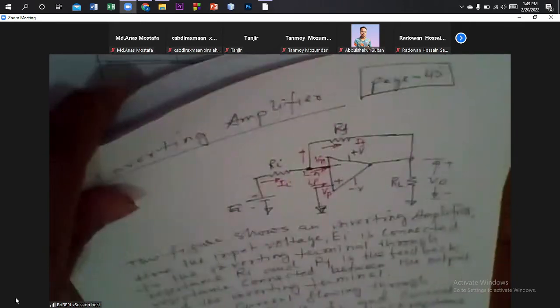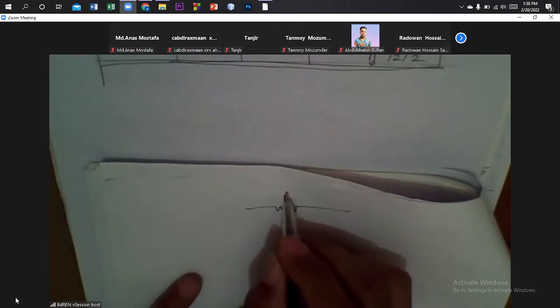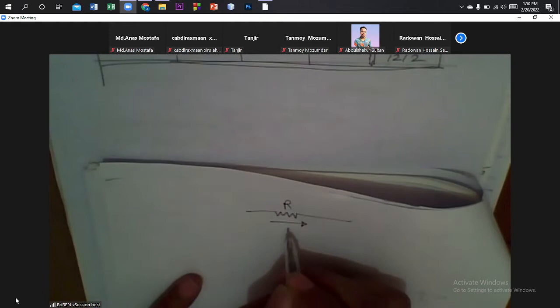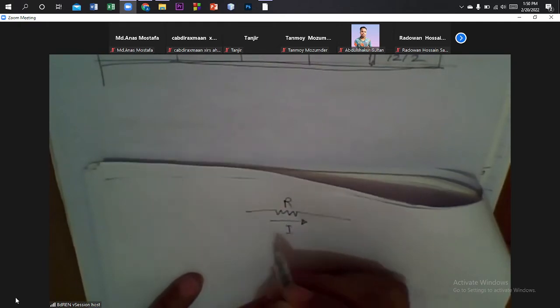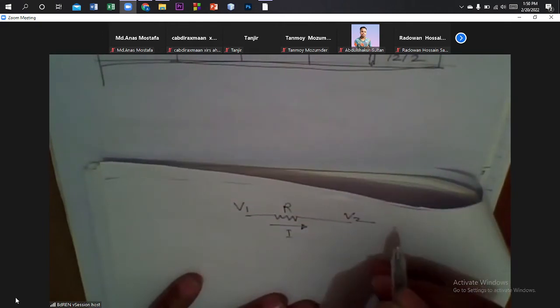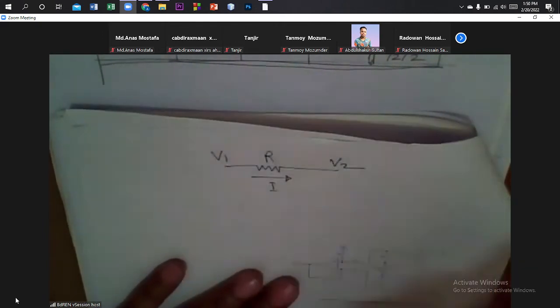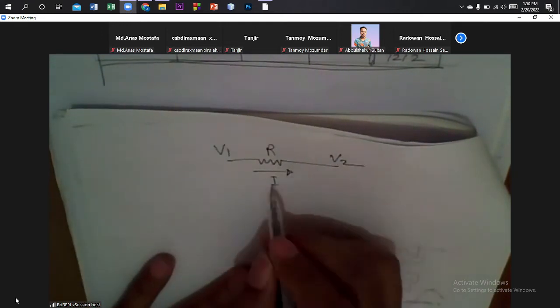Now you tell me, there is a resistance, R, okay? Current is flowing from here to here, this is current I. This terminal voltage is V1, this terminal is V2. Also you can write a note on another page, a rough page, so you'll remember this.